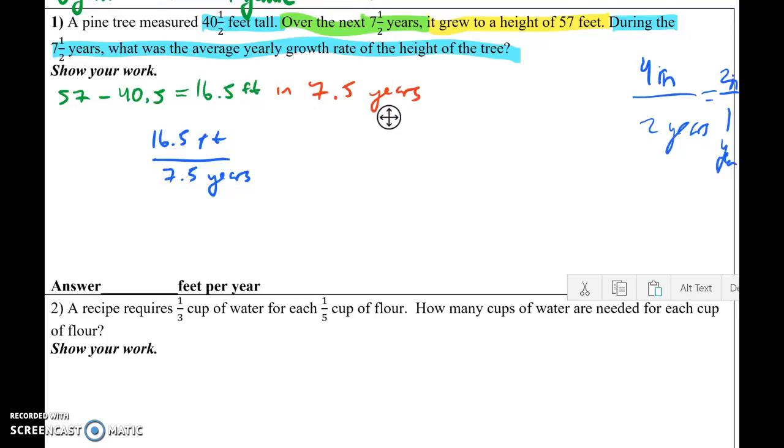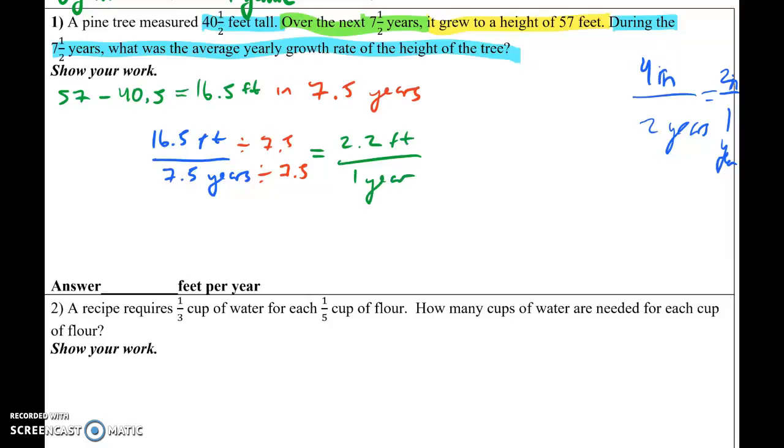Now, to find the unit rate, you simply have to divide by 7.5. And this gives us 16.5 divided by 7.5. That's 2.2 feet. And on the bottom we have 1 year. All right, so this means that the tree grew approximately 2.2 feet per year.